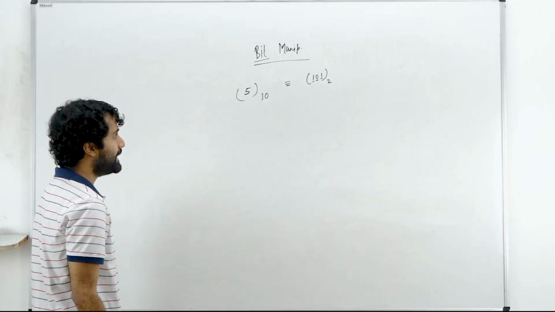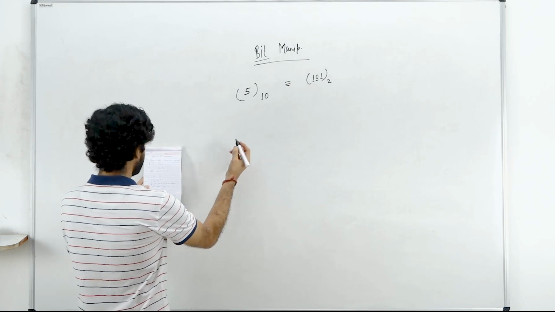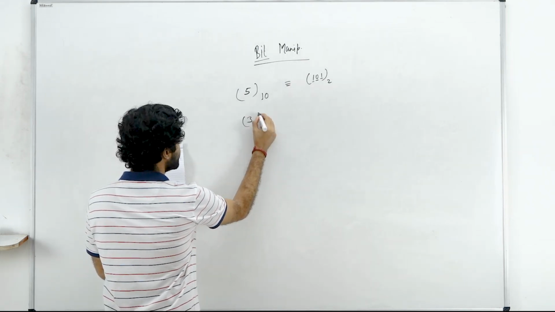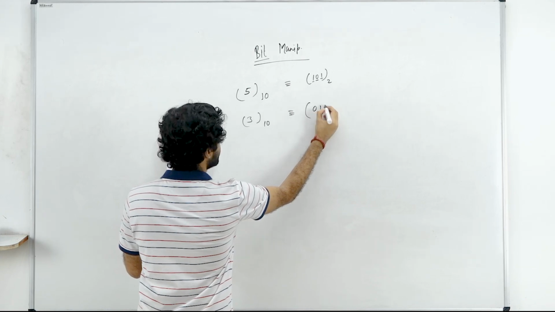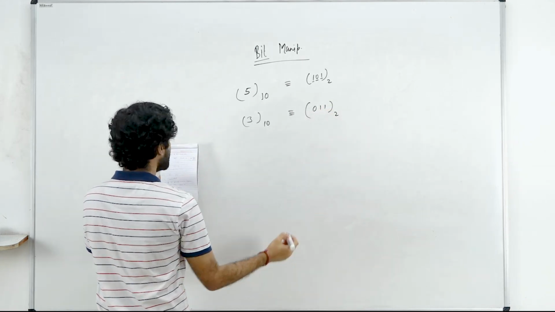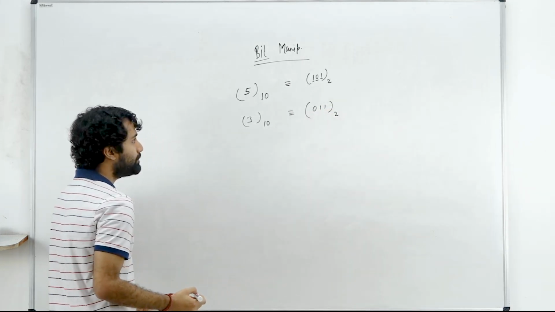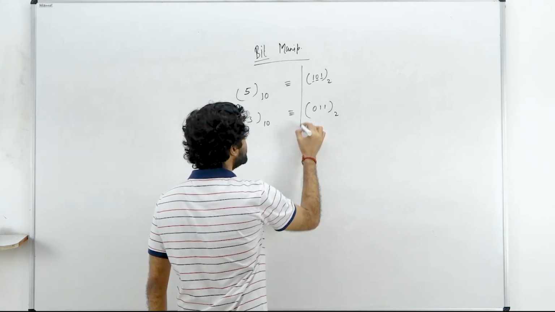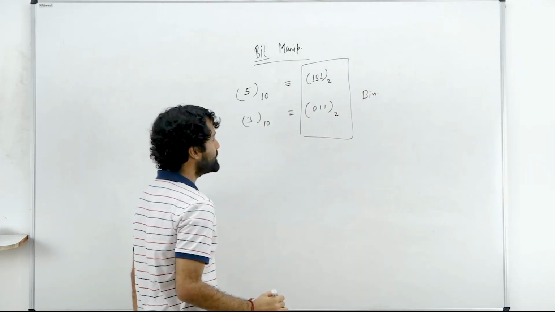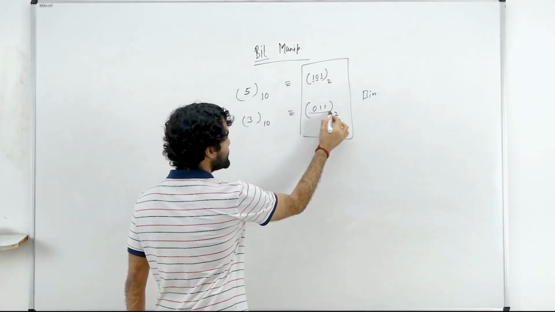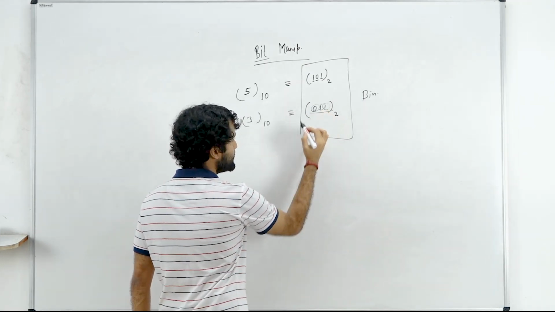All these things are called bits. Another example, 3, which is in base 10 notation, will have base 2 notation like this. Now base 2 notation is also called binary representation. So these representations are nothing but binary representations, and in any binary representation each digit is referred to as a bit, right?